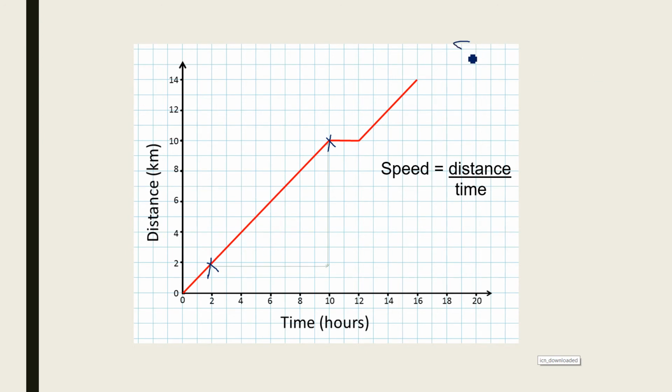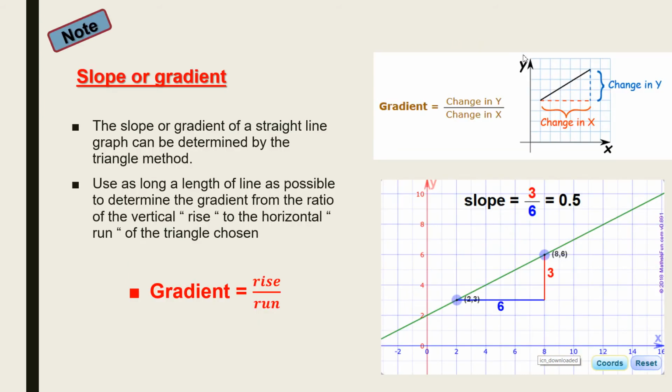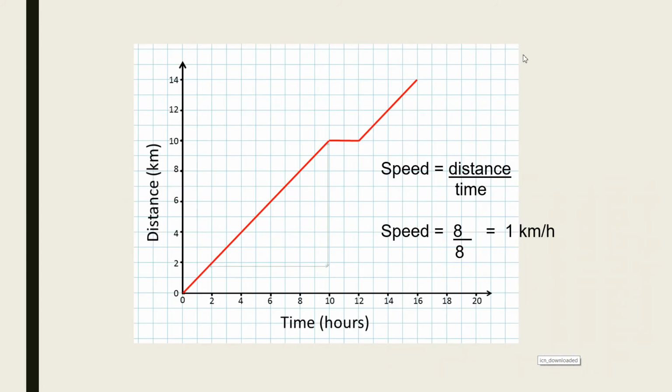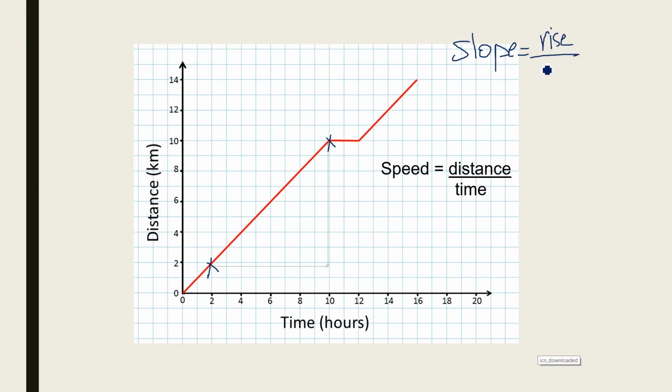You remember what a slope is in math? Slope, you can say, is rise over run. When you choose 2 points, the rise is this one, the vertical distance. Sorry, it's not that clear.